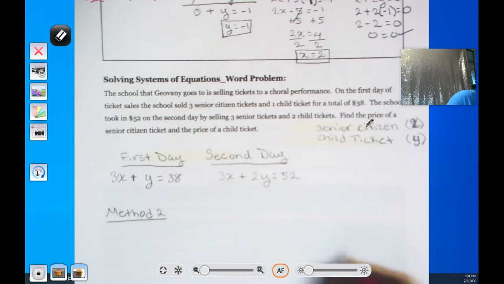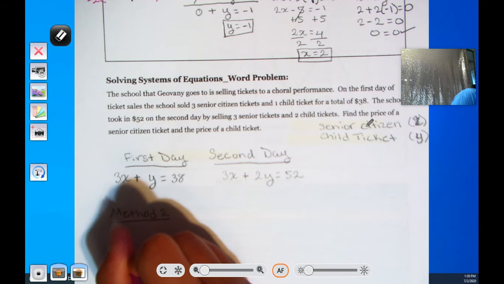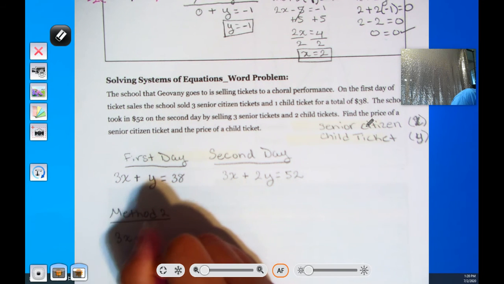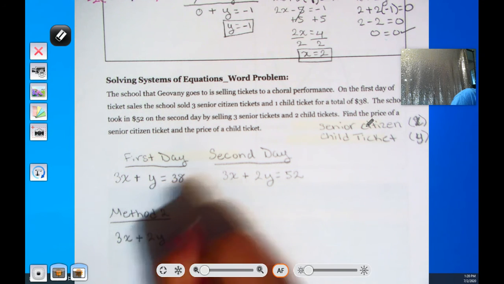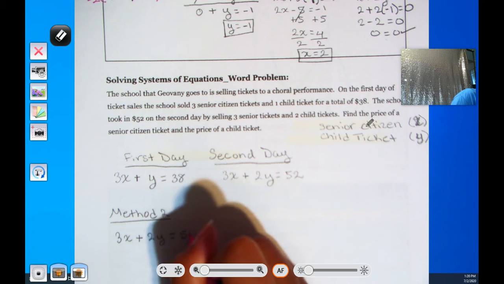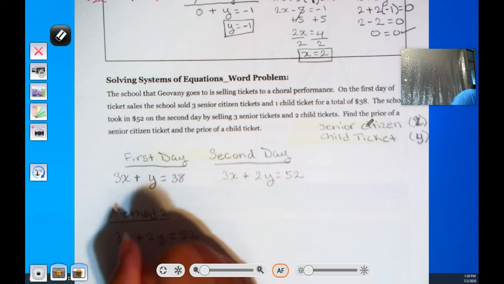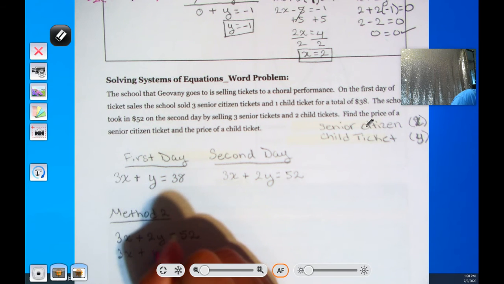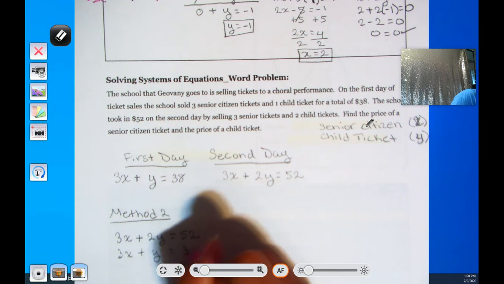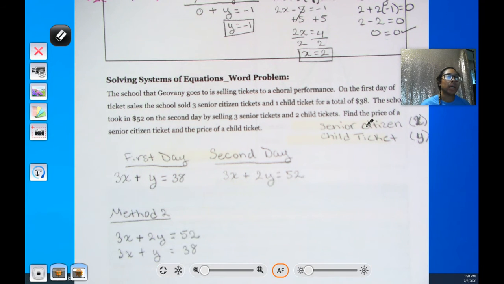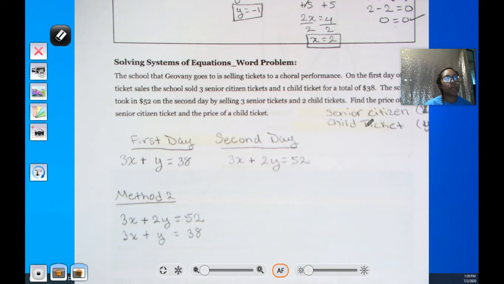And so I'm going to stack these equations according to their like terms. So I've got first day and second day here, and they're stacked according to like terms. My X's are on top of my X's, my Y's on top of my Y's, and my constants on top of each other.